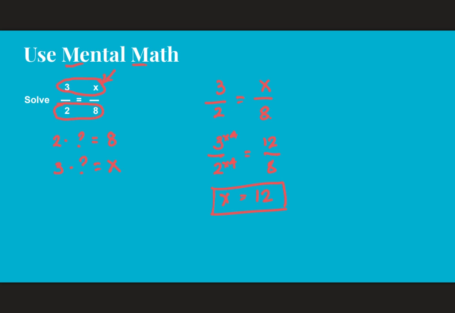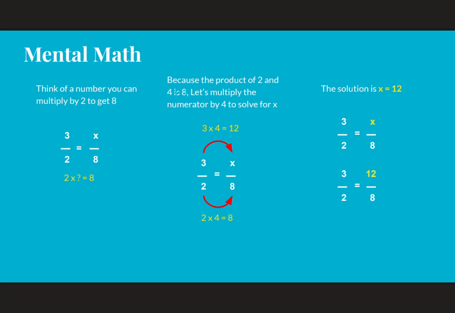So here again is the clean version of the problem we solved, redone with the instructions on how to do it. First of all, we wrote the problem here, and then we thought of a number that we can multiply by 2 to get the answer 8.